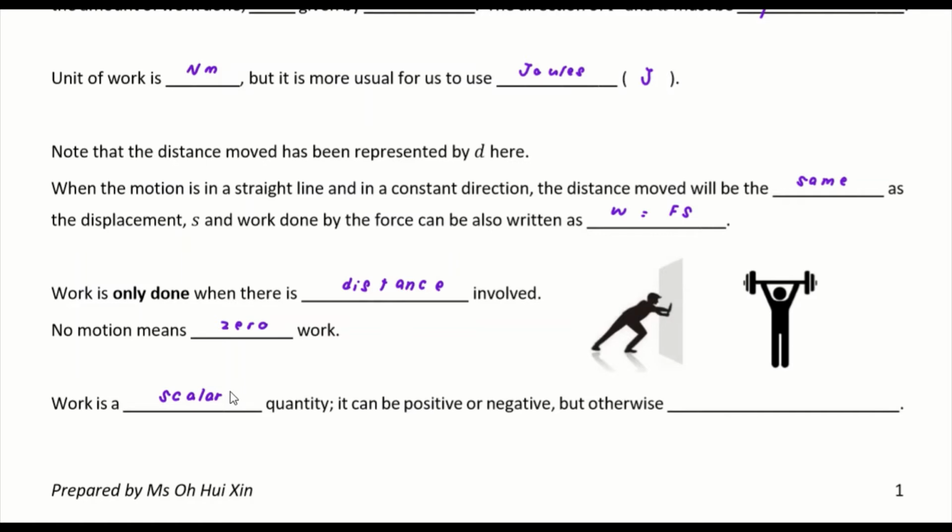Just remember that work is a scalar quantity, but something special is that it can be positive or negative, otherwise it has no direction. I'm going to explain this further when we talk about the examples later. What is important is that work is a scalar. It's not a vector, so it doesn't indicate any direction to you.